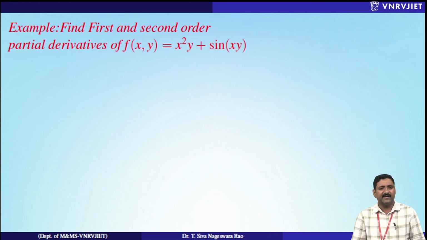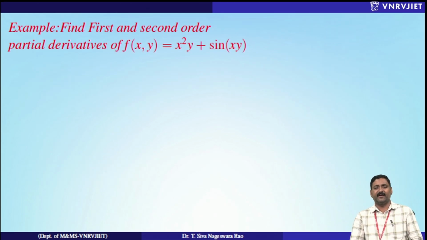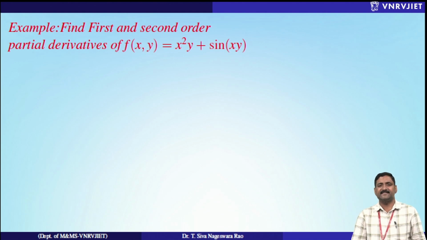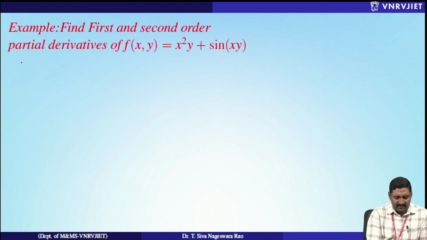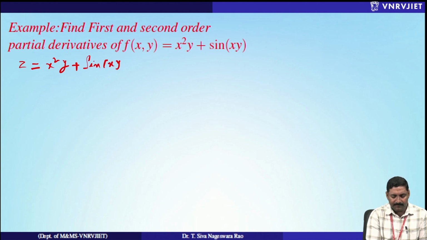Now I will explain one example of how to find first order and second order partial derivatives for a given function involving two variables. So I will take z is equal to x square y plus sine of xy.